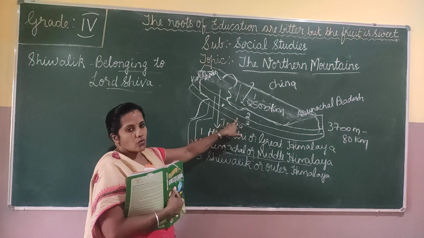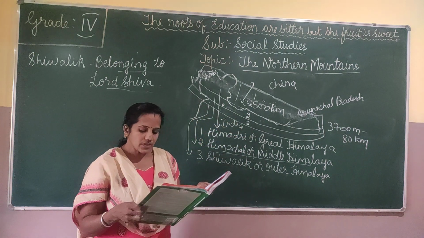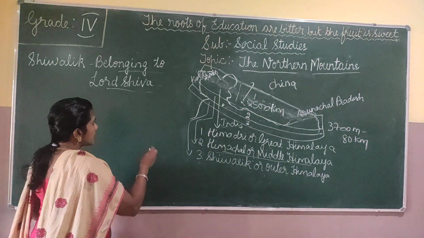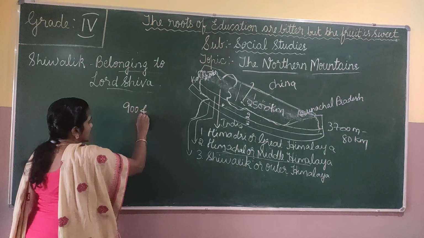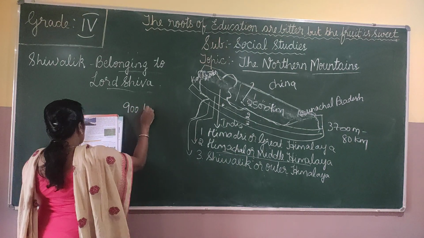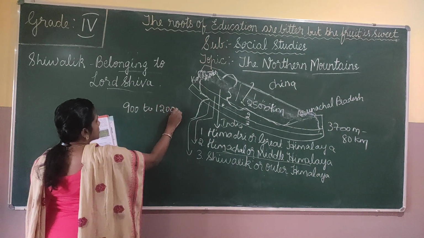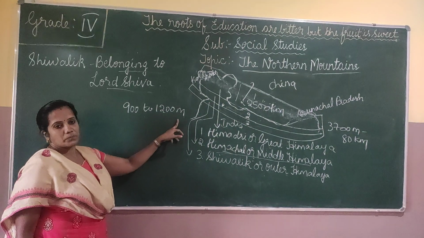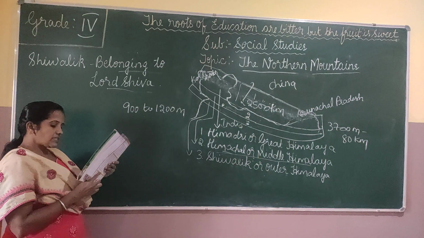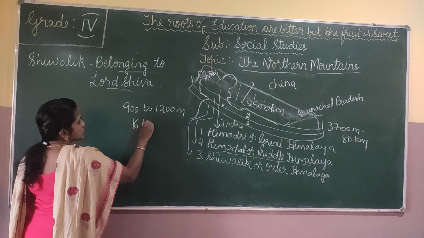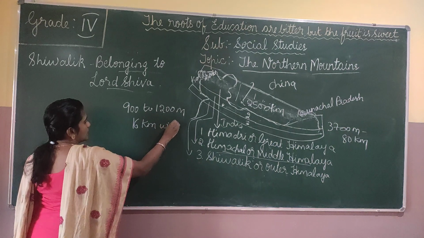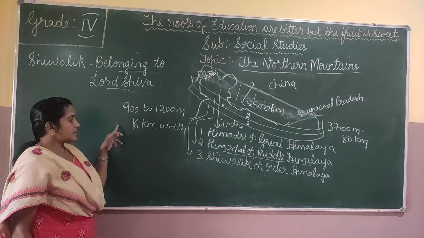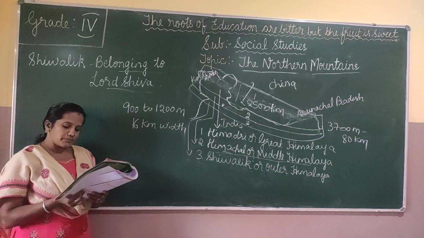They have an average height of about 900 to 1200 meters, and the width is only about 16 kilometers.